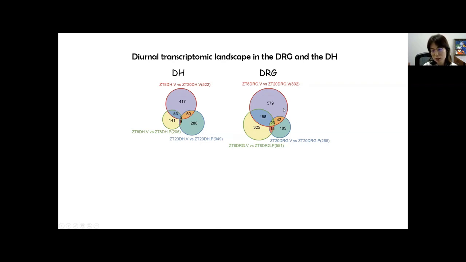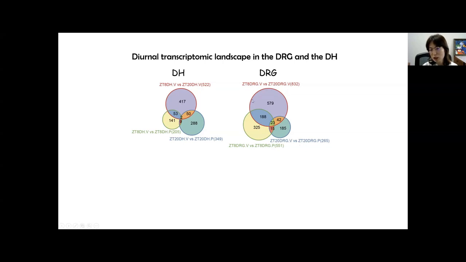Shown here is ZT8 versus ZT20, basically the middle of the day and the middle of the night. We compared the transcriptome difference between daytime and nighttime, showing this number for DRG. We also compared between treatments, vehicle versus treatment, at the two time points.